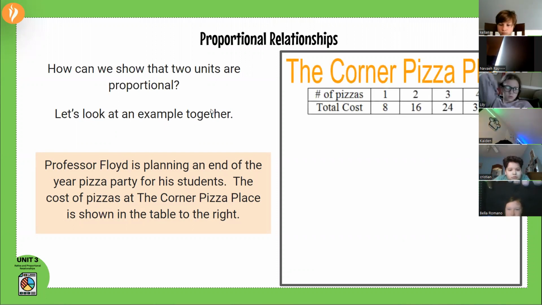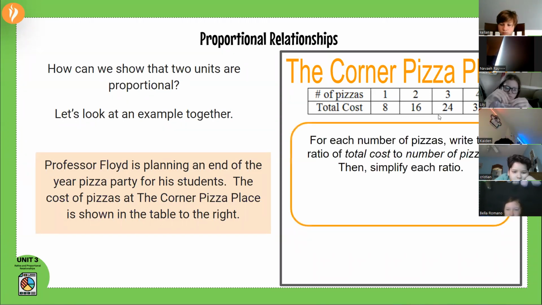Here we go. So this says if we buy one pizza, the cost is $8. If we buy two pizzas, the cost is $16, three pizzas, $24, so on and so forth. So for each number of pizzas, write the ratio of total cost to the total number of pizzas, then simplify.